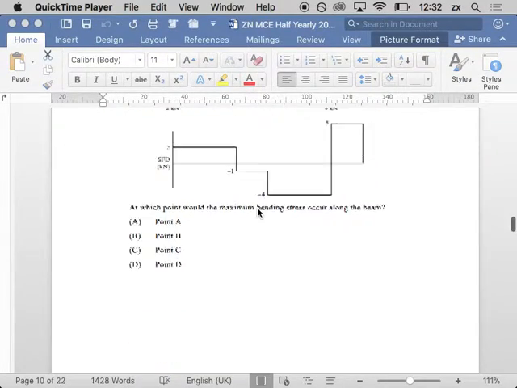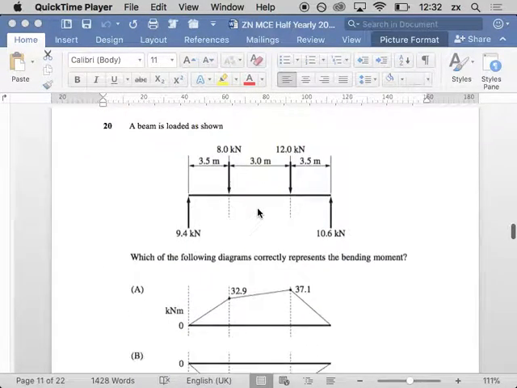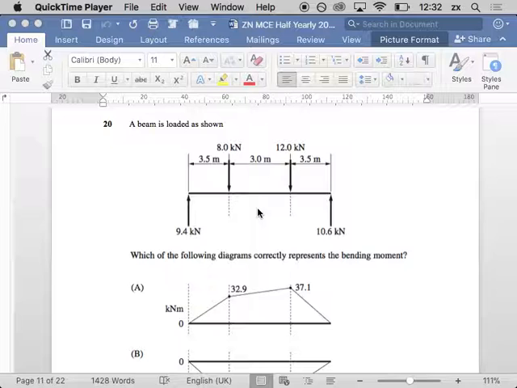I'm interested to see what the HSC did actually say for that one. Okay, question 20. It's basically the same idea. It's the same concept that we just talked about. Right, but this time we have to draw the shear force diagram. Just because I rubbed out a diagram that's going to be relevant for people listening on the thing, I have to draw this one again.